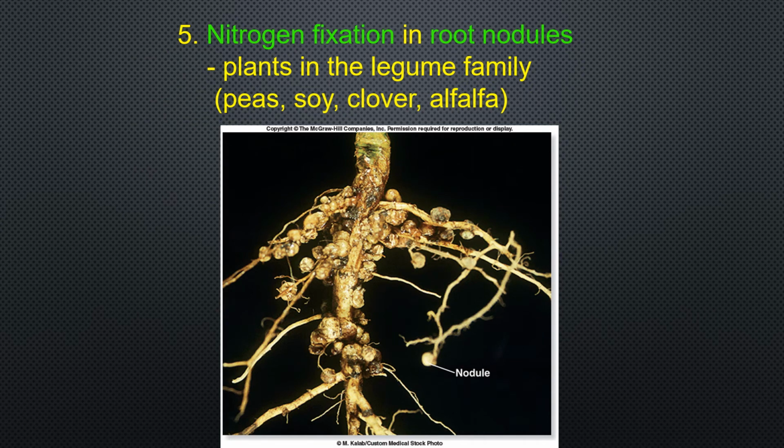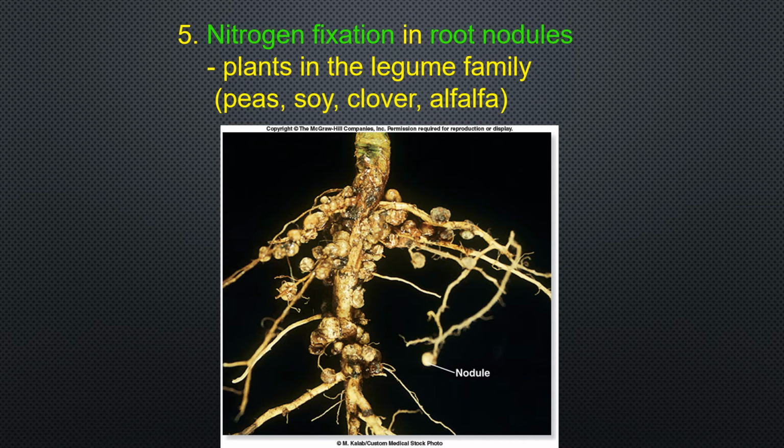And the fifth is another symbiotic relationship of plant roots, but this time in particular, it's with a bacteria. And this is particularly true of plants in the legume family, like peas and soy and alfalfa.